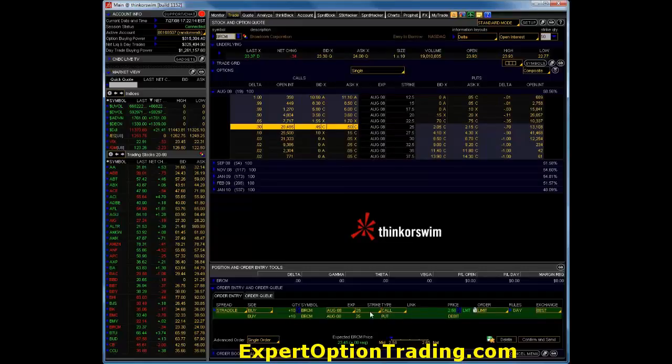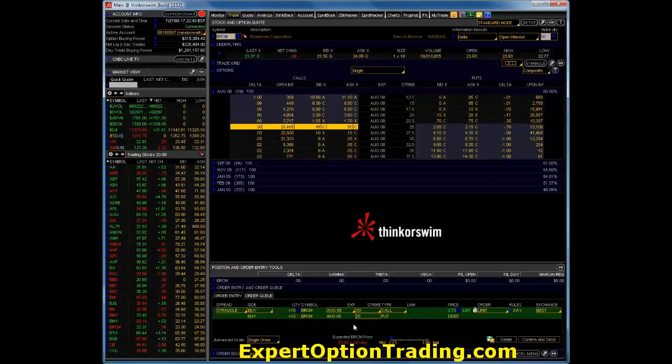Just for the sake of being as thorough as possible, let's take a look at another strike price. This is the $25 strike price. Let's bring up the $27.50. That's a little bit more expensive. And we can go down to the $22.50. That's $2.35. It looks like, actually, the $22.50 is the cheapest straddle at $2.35.